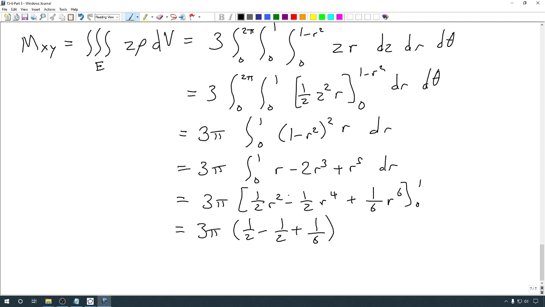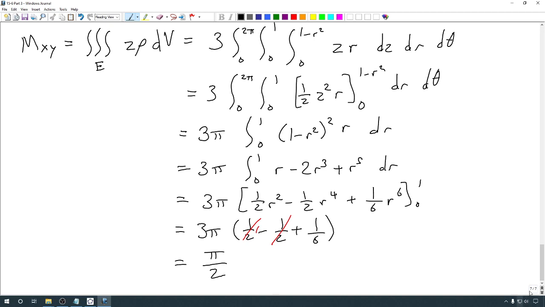And the 1/2s actually cancel each other out. So that's pretty nice. 3 pi divided by 6 is going to be pi over 2. So that moment actually is not 0.